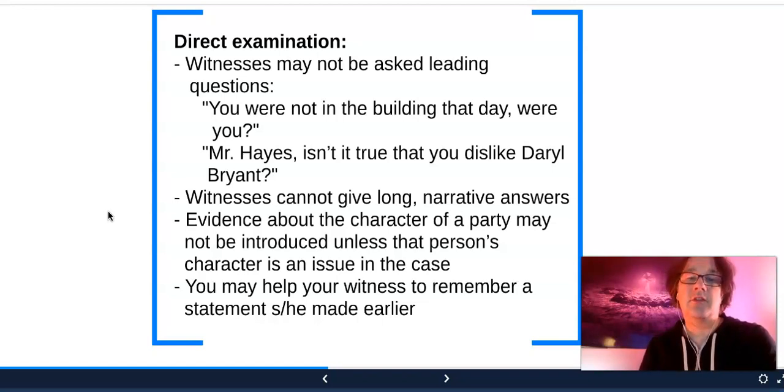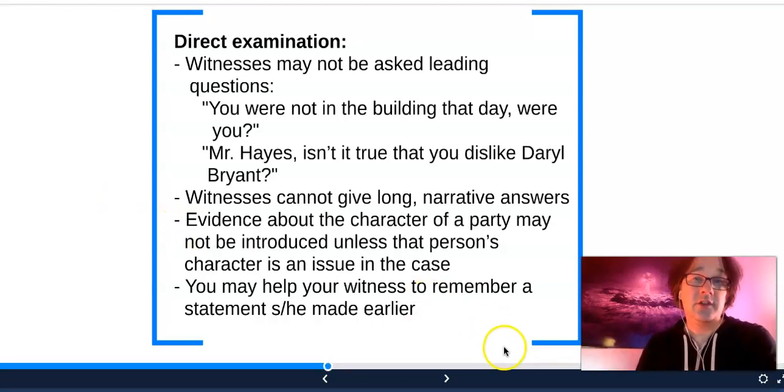You are allowed to help your witness remember something that they said earlier. So it's okay to help them along, or to refer them to the trial transcript or to a specific point in a document that they might be looking at.